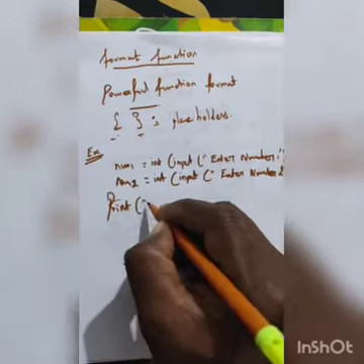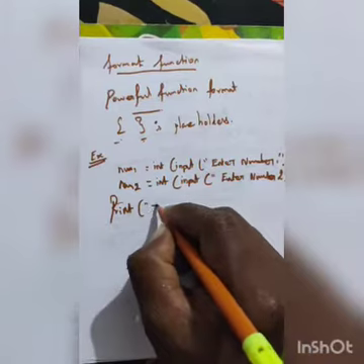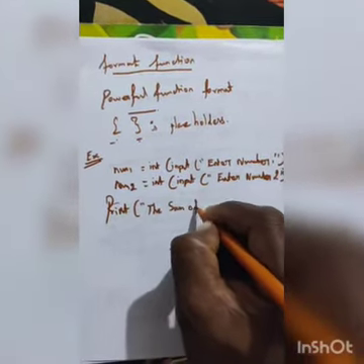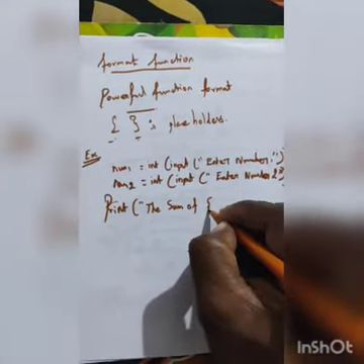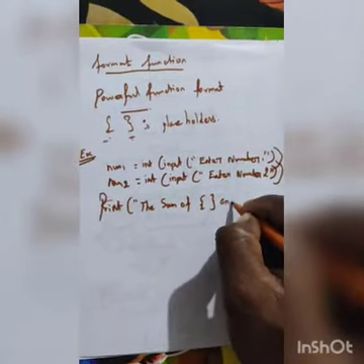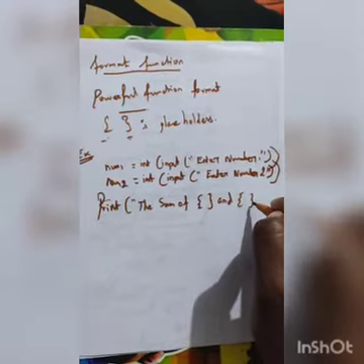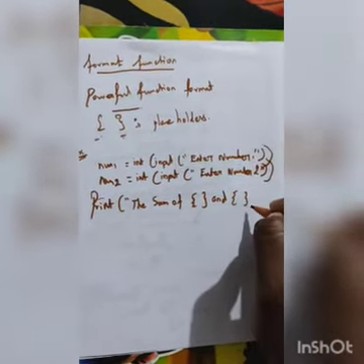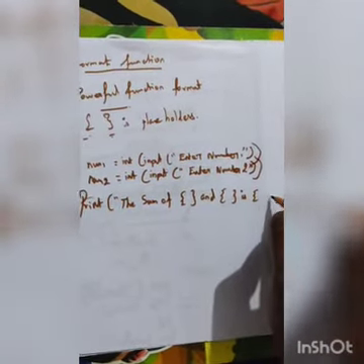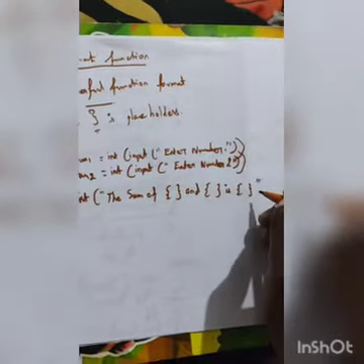Then print, open double quotation. Inside the double quotation: "The sum of {} and {} is {}", then double quotation finished.